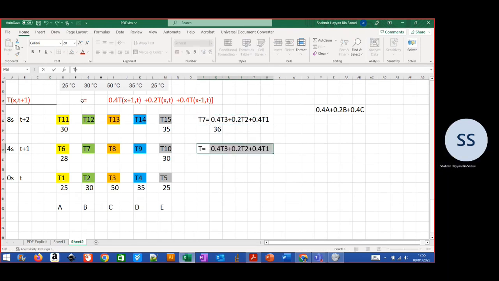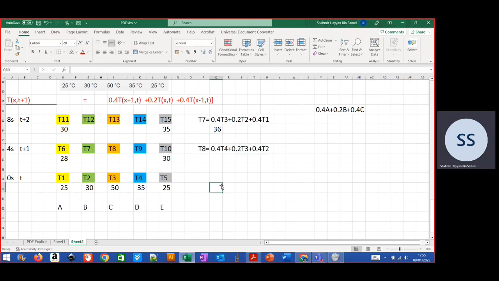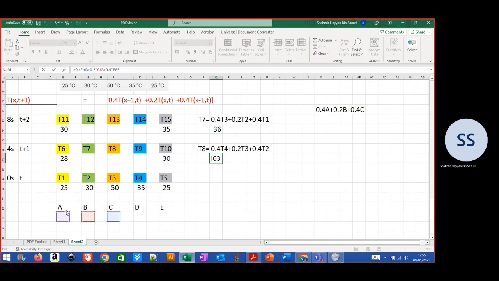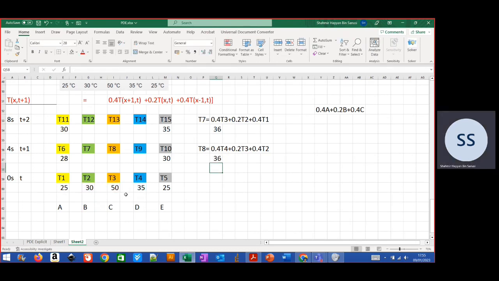T8 is 0.4 T4 plus 0.2 T3 plus 0.4 T2. Replace the values, and the answer is 36.